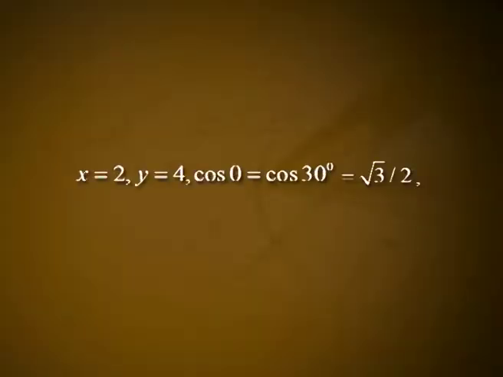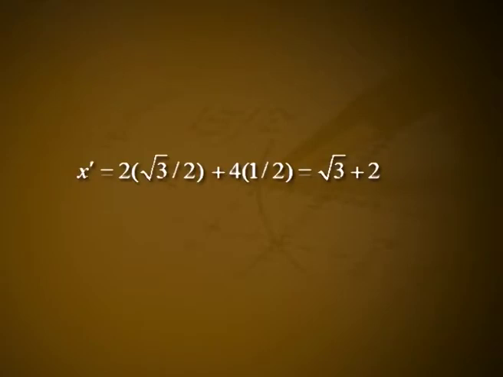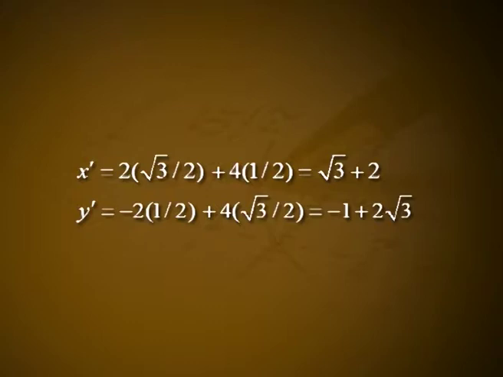Using the rotation equations with x = 2, y = 4, cos θ = cos 30° = √3/2 and sin θ = sin 30° = 1/2, we obtain x' = 2 · √3/2 + 4 · 1/2 = √3 + 2. y' = −2 · 1/2 + 4 · √3/2 = −1 + 2√3. Thus, the new coordinates are (√3 + 2, −1 + 2√3).